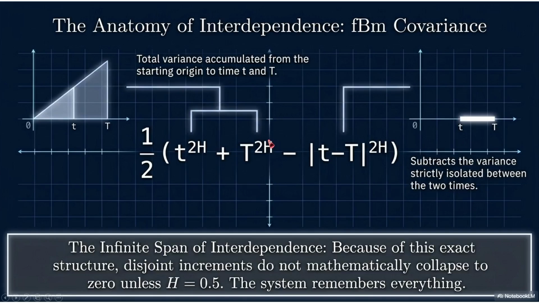So to understand how this memory actually works, we need to look at the anatomy of interdependence, the fractional Brownian motion covariance formula.